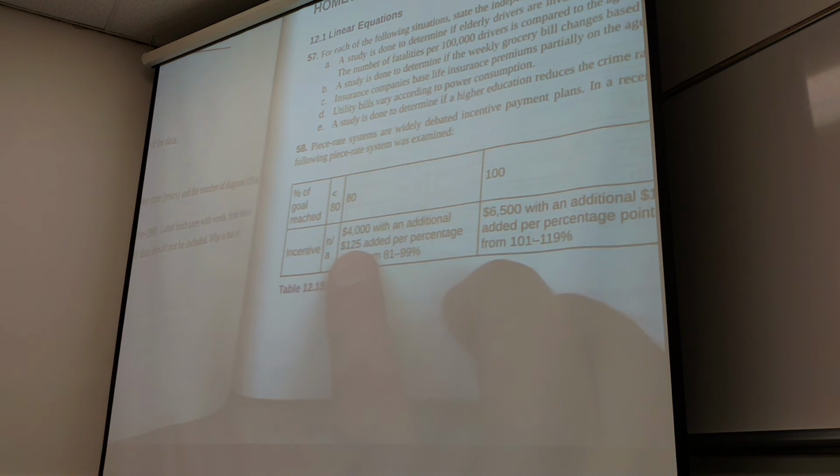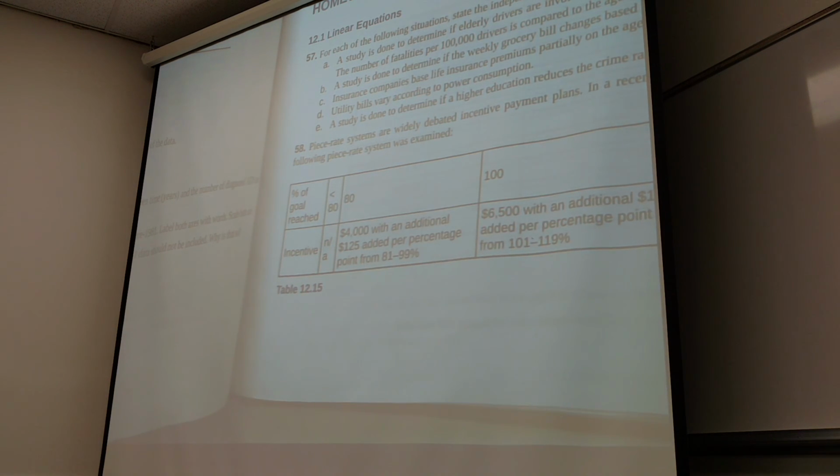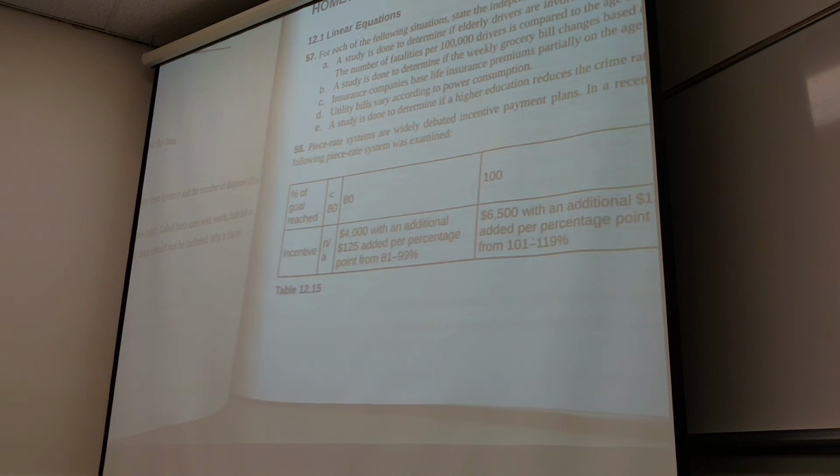But then plus what? 125 times, in general, times X, where X is what? The additional percentage points above 80. I like it. And then you can plug in for 95 specifically. You just put in 15 because 95 is 15 additional points above 80. Does that make sense? So first find the equation of the line: 4,000 plus 125x.